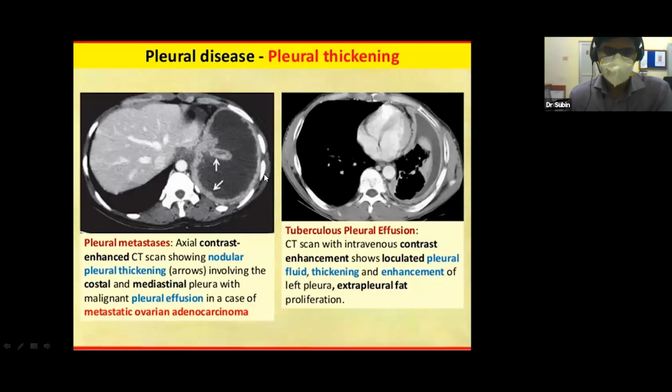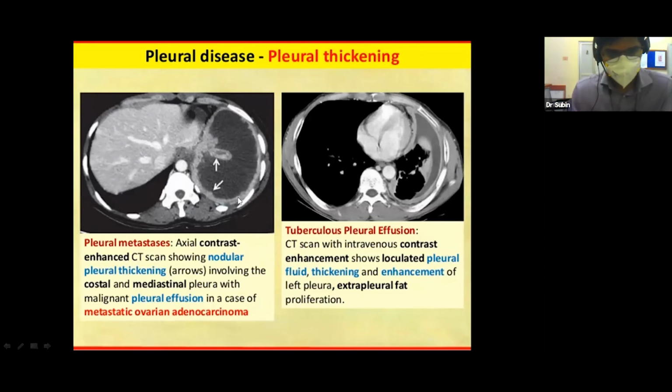So we just talked about mostly parenchymal things. Now we'll talk about a few things about pleural disease. I told you contrast is very important for assessing the pleura. You'll be able to make out enhancement, thickening, nodules, and presence of empyema, all these things only on a contrast. And this is just to show you metastasis.